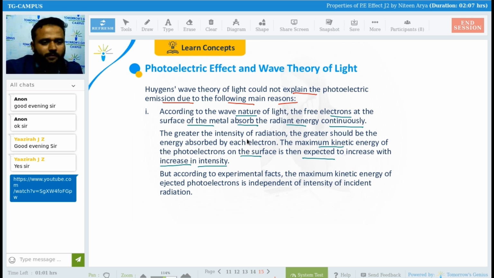Means, if we consider light as a wave, it is just going to increase the thermal energy of a material. Why so? Because when light is incident in the form of waves, the vibrational motion between the atoms, molecules or electrons is going to be more.